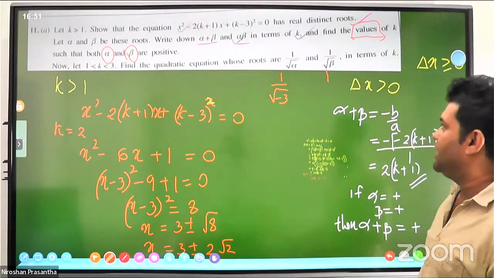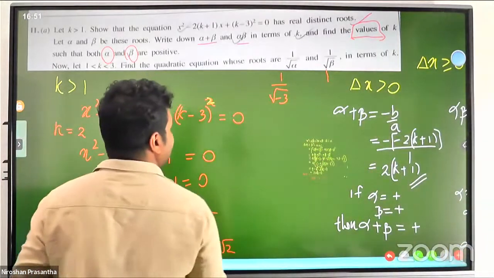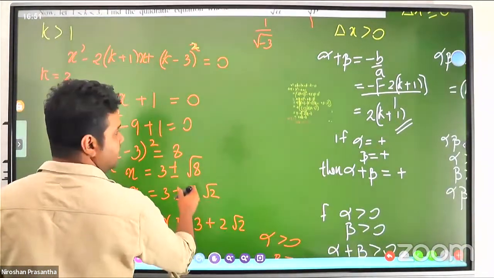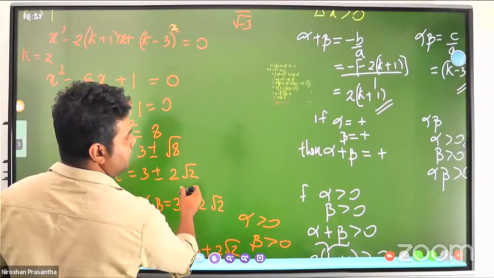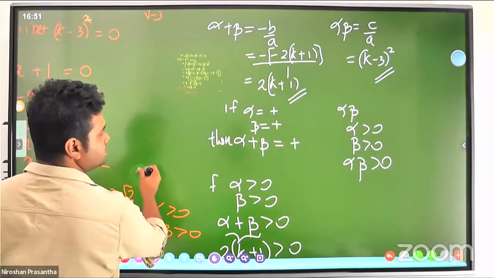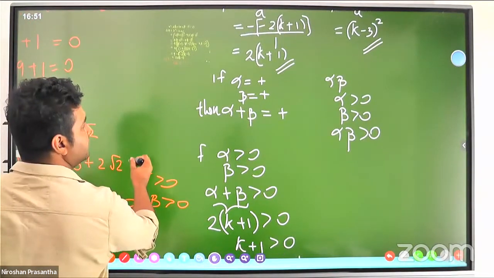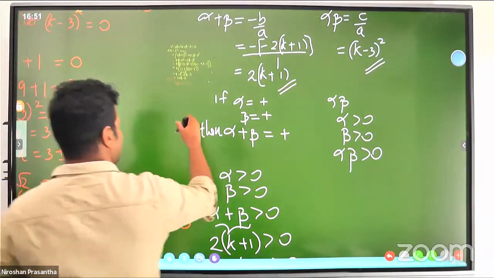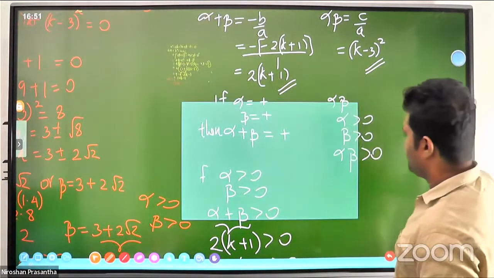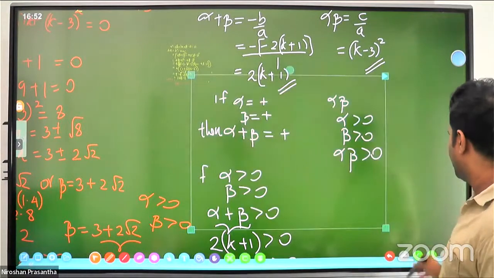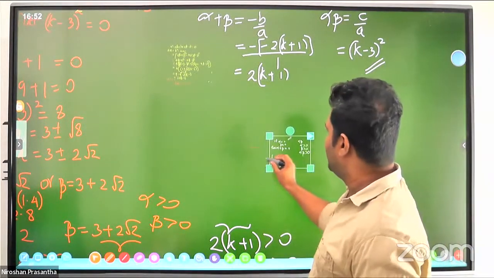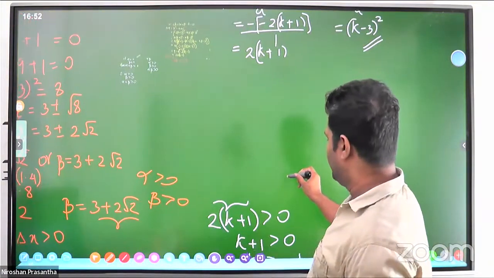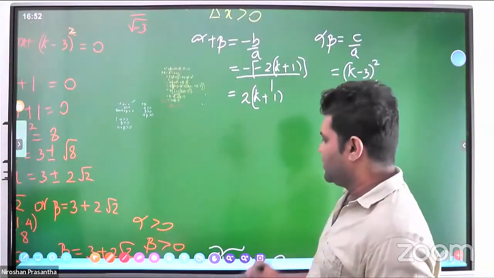To find the quadratic equation whose roots are 1 over root alpha and 1 over root beta in terms of k, then we have to do it. Okay, now let's see.